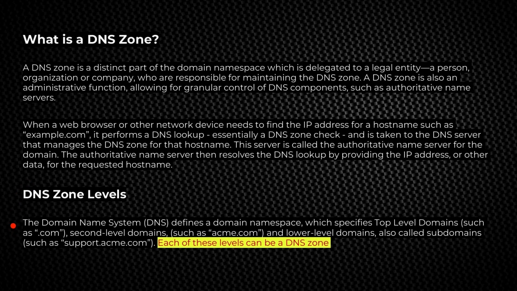So the DNS defines a domain namespace, which specifies TLDs, second level domains, lower level domains, also called subdomains. And what's not here is also that subdomains of subdomains, which are still called subdomains, can all exist in their own DNS zone. So each one of these levels can be a DNS zone.